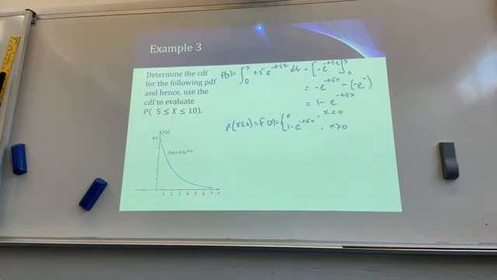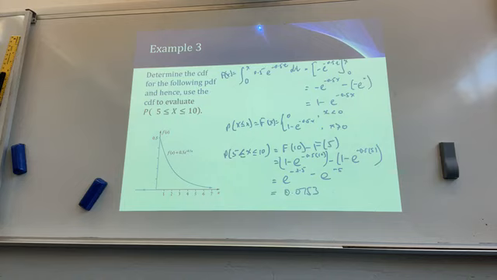So you could use P of X less than x or capital F x. It doesn't really matter. So there's a piecewise function, and therefore it's F10 minus F5. And evaluate that, you've got 0.0753.